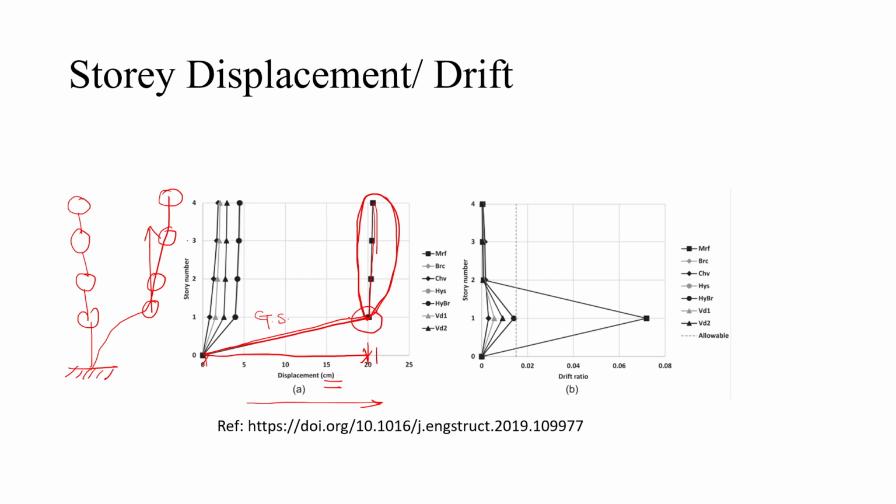This is what happens in the open ground story. That story becomes flexible and it gets displaced by a larger amount. As it gets displaced, stresses will develop in the columns. Similarly, here I have explained the meaning of drift.